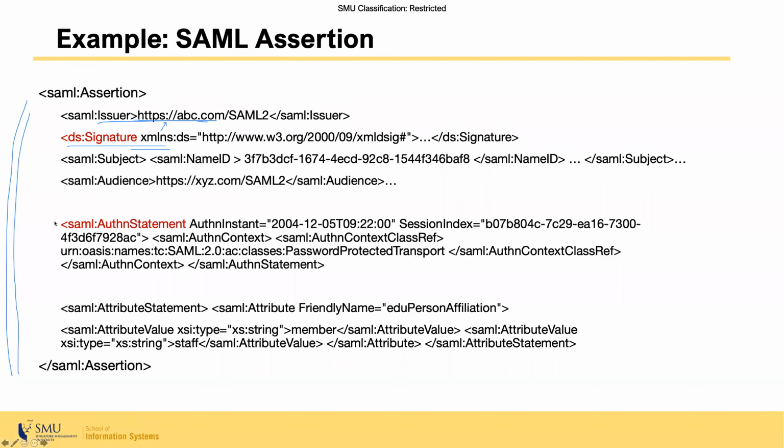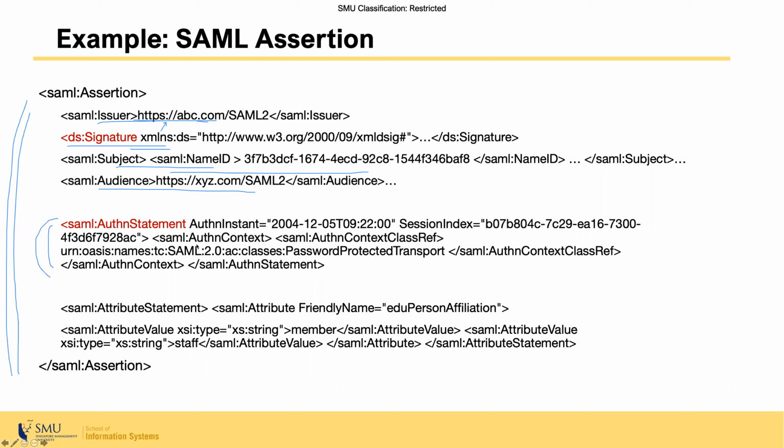And it will contain the information about the identity of who the subject is. Basically, this is the unique ID of the user. And then this is the targeted audience, which is the relying party. In our example it is xyz.com. And this is the important information.